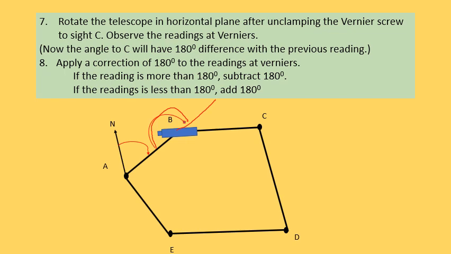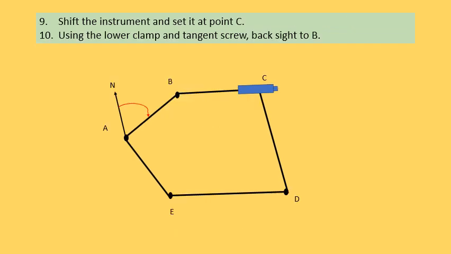Now let us move. The upper clamp remains intact, backsighted to point B. Now I want to continue the surveying process by looking to the next point D, but there is no way to transit the instrument.